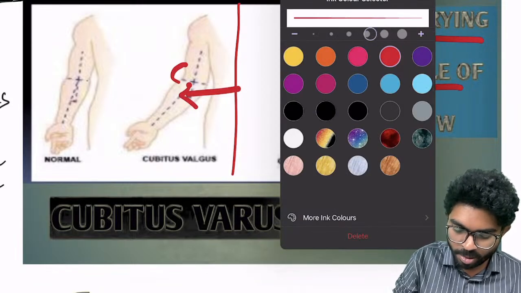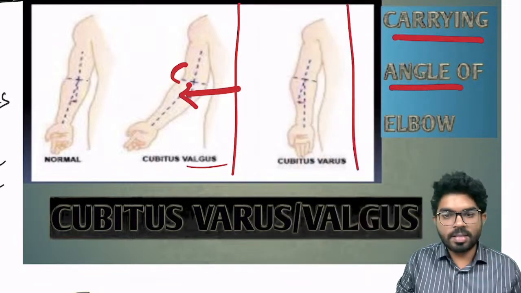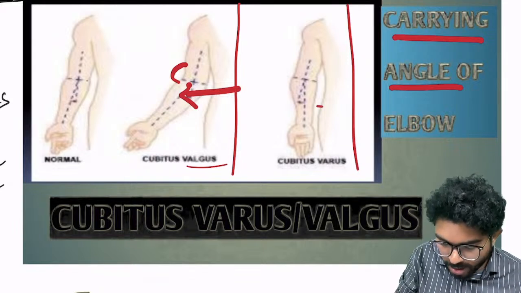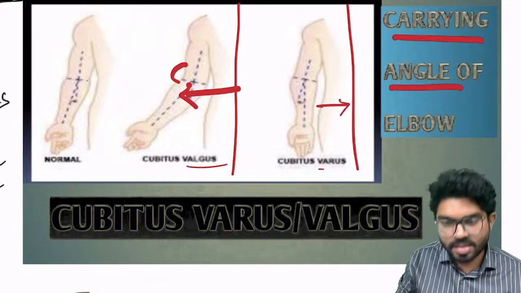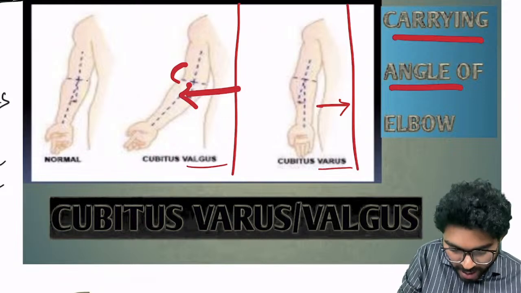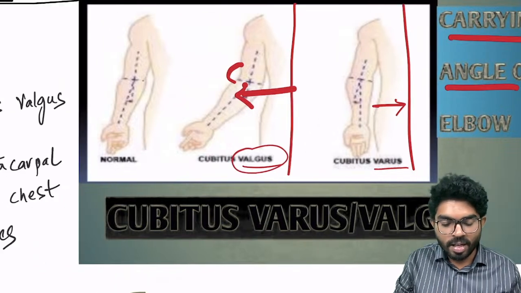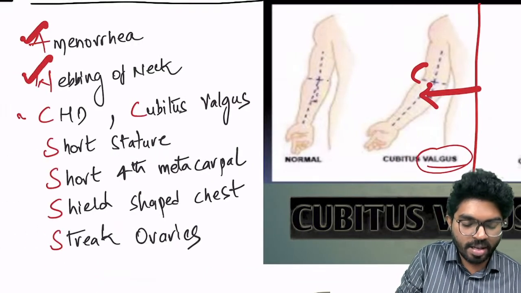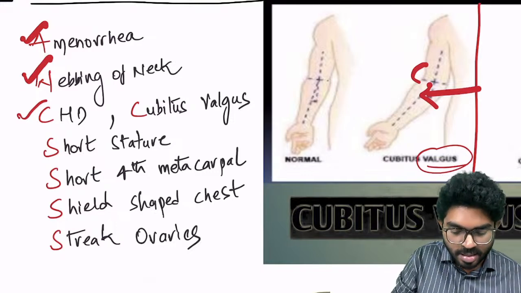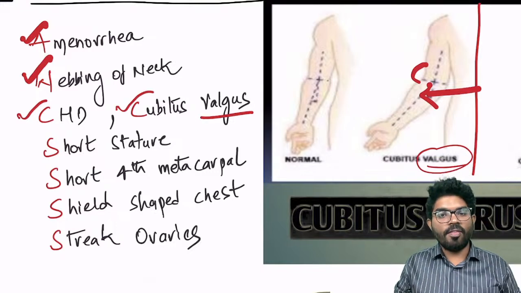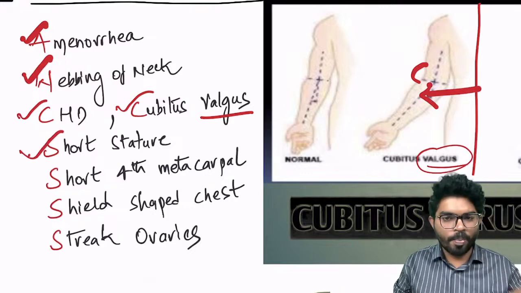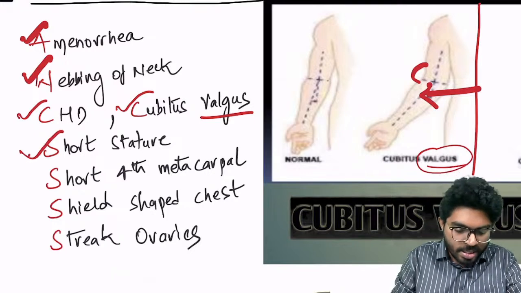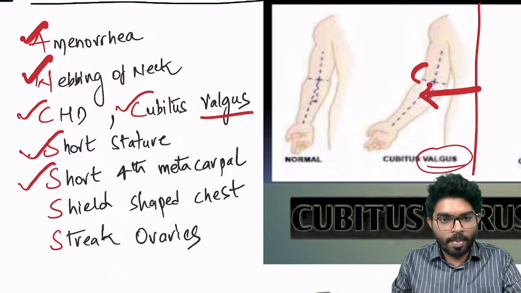If it is moving away from the midline, that is called valgus. If it is moving towards the midline, that is called varus. Valgus is seen in this syndrome: C for congenital heart disease, C for valgus. And short stature, and short fourth metacarpal is seen.